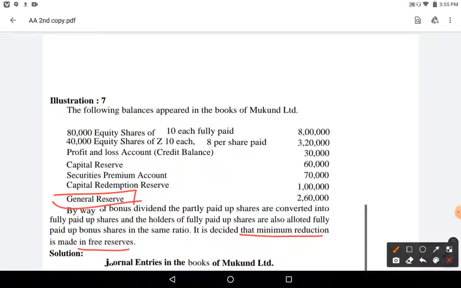First they have used this one, then they went for general reserve if required. Whereas if it is not so, then people will use general reserve first. They put P&L account in the last. So that is how it will be done.